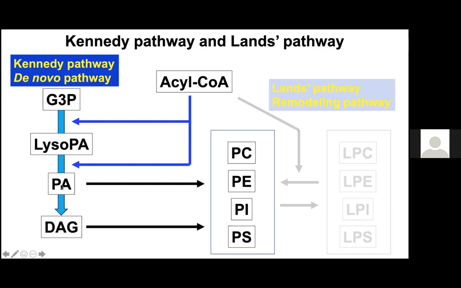Then PA is further converted to diacylglycerol, DAG. PA and DAG in turn are converted to phospholipids such as PC, PE, PS and PI by head group exchange reactions.